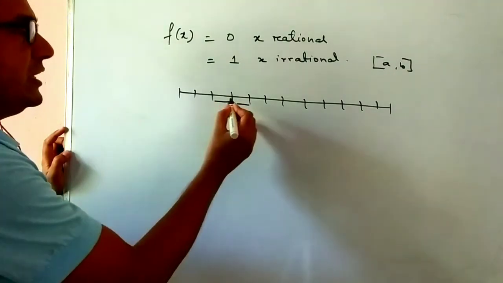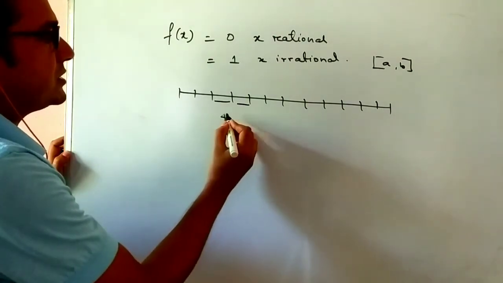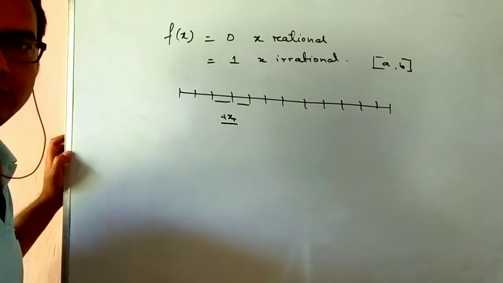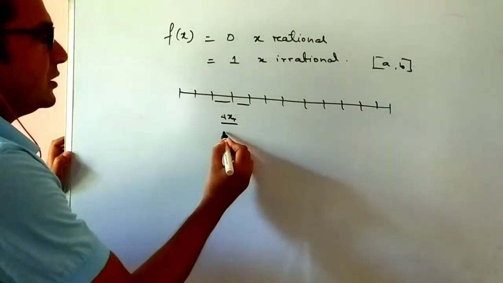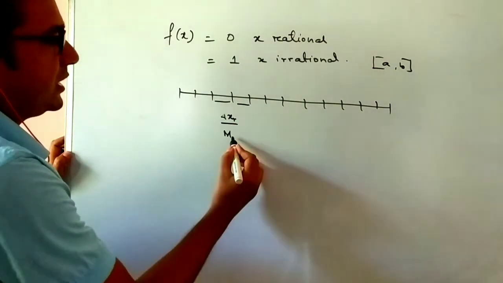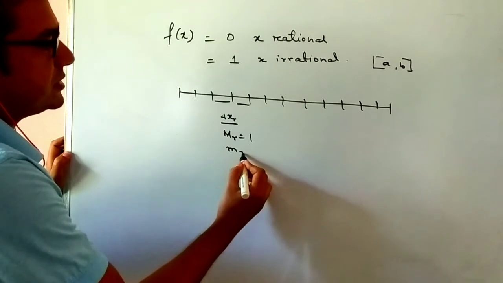So if the length of the rth subinterval is del xr, then the supremum of the function f(x) in del xr is equal to 1 and the infimum is equal to 0.